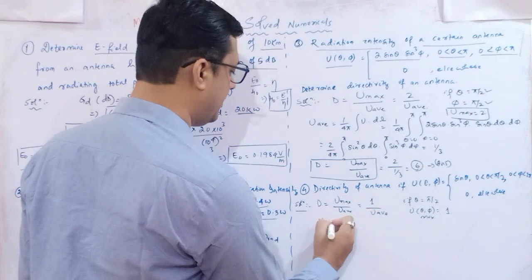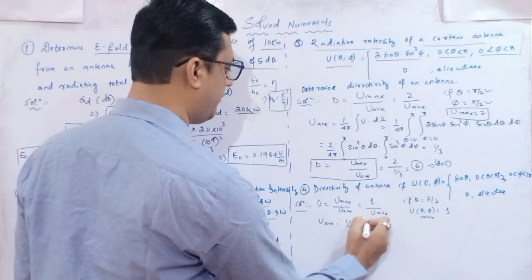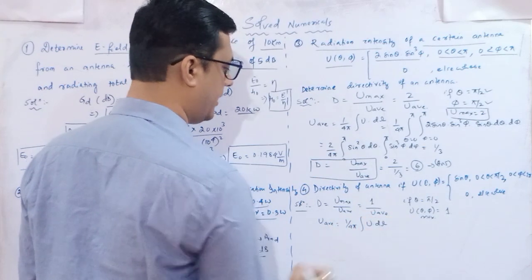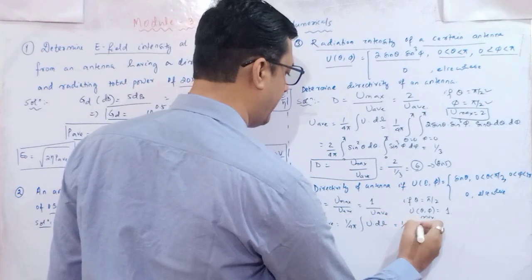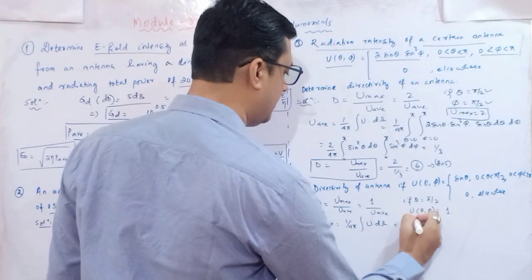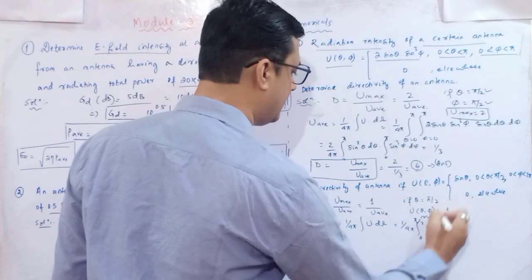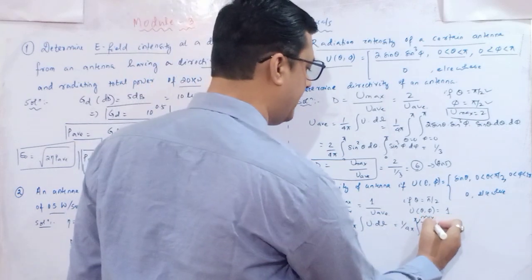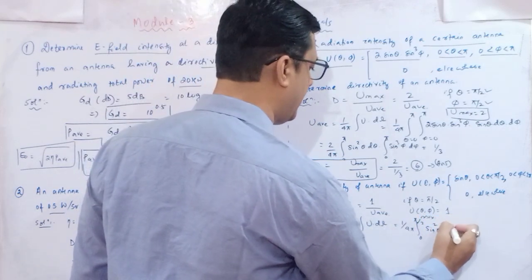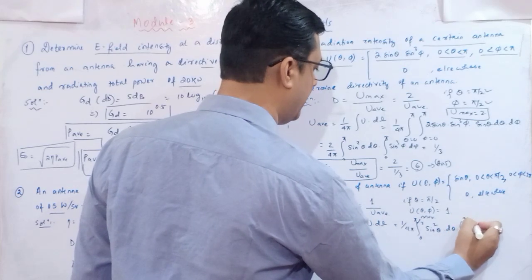Now U average, as we have solved before, we will substitute 1 by 4 pi integral of U d omega. Now it is 1 by 4 pi integration, theta 0 to pi by 2. Here it is sin theta, and with respect to d omega, one more sin theta will be there. So it is sin square theta d theta, and 0 to 2 pi d phi.